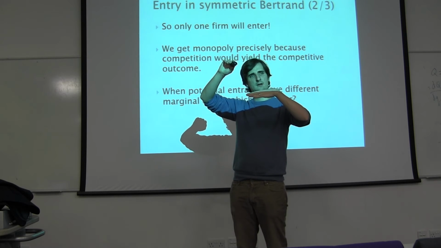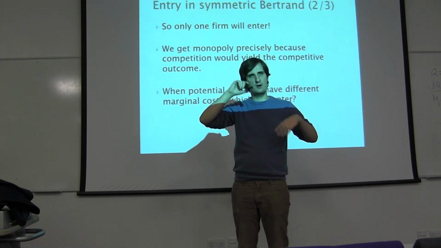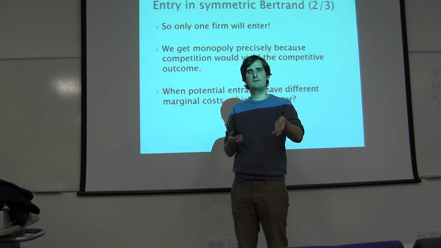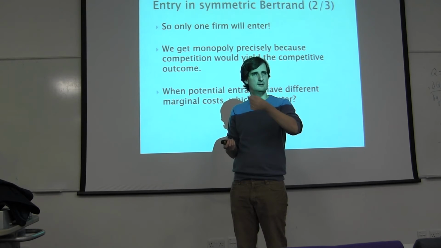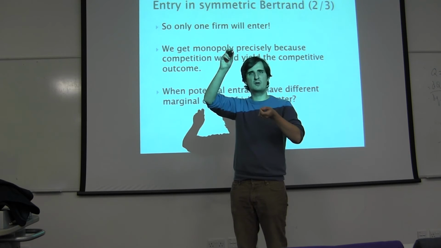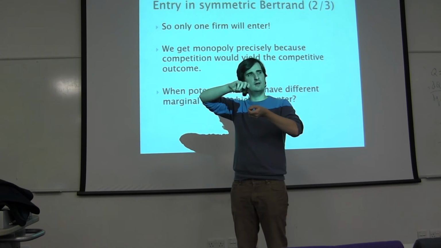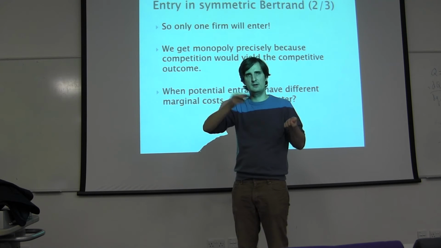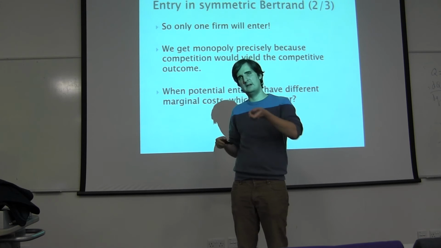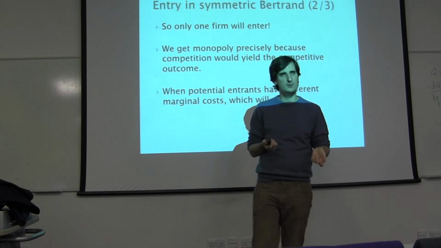So this second firm with lower marginal cost would like to enter even if the high marginal cost firm was going to enter. But then the firm with high marginal cost is making zero profits, so they would have been better off not entering at all. So only the firm with the lowest marginal cost is going to enter.